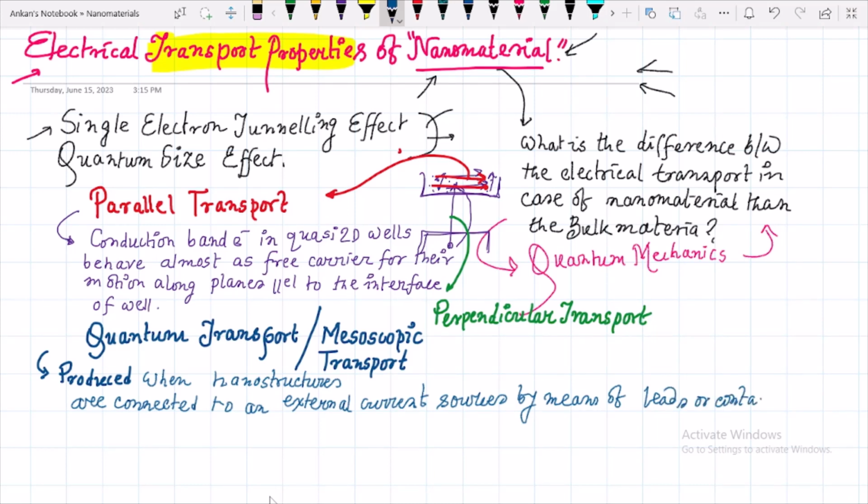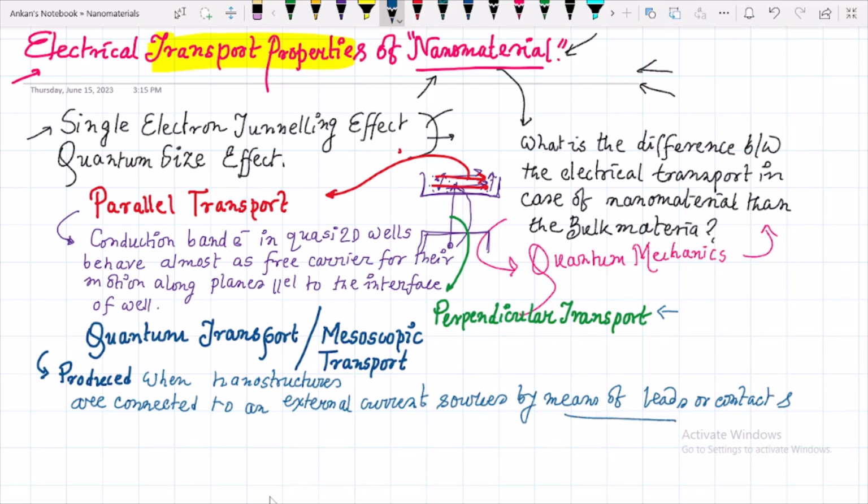Okay, so these are the three types of transportation process involved in the nanostructure semiconductor. The first one is parallel transport, the second is perpendicular transport, in which quantum tunneling gets involved, and the last is quantum transport or mesoscopic transport, which gets involved when the semiconducting nanomaterial is connected to an external current source by means of leads or contacts.